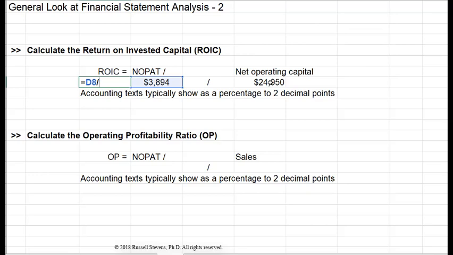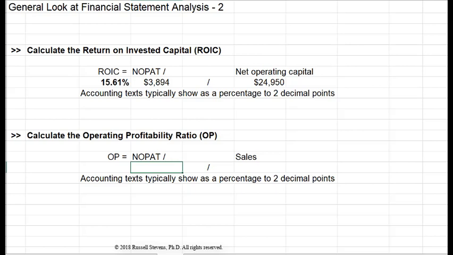The cell with the $24,950,000 is highlighted, and Enter is pressed. The result is shown in a percentage format to 2 decimal places. It is 15.61%.